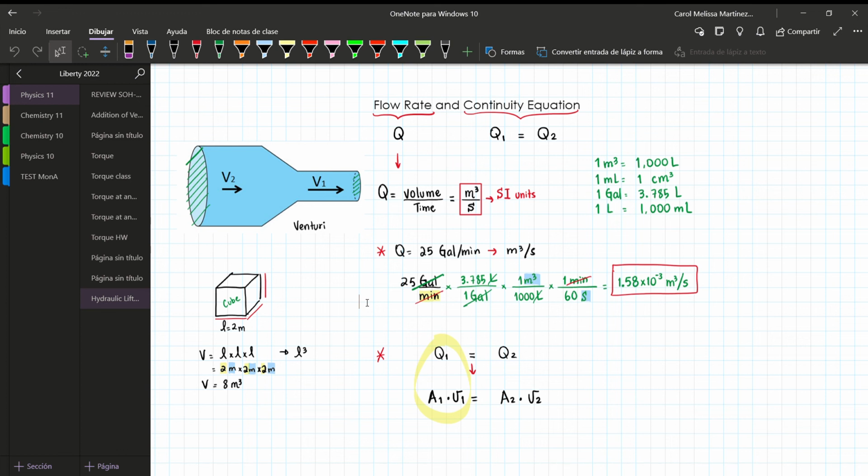I'm not going to have the time to develop one example of this topic, but at least you know another equivalence for flow rate. That is, flow rate equals the area times velocity. If you're looking for the flow rate in the small area, it's going to be flow rate 1 equals area 1 times the velocity on side 1.